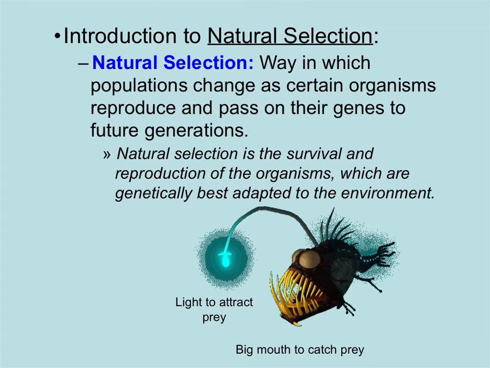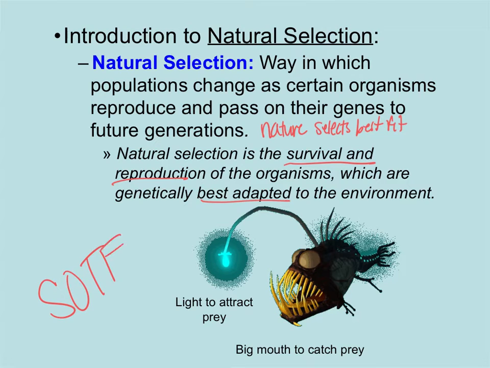By definition, it's the way populations change as certain things reproduce and pass on their genes. So like I said, it's the survival and reproduction of organisms that are best adapted. Okay, so again, nature selects the best fit for that environment. Okay, so this is also known as survival of the fittest.